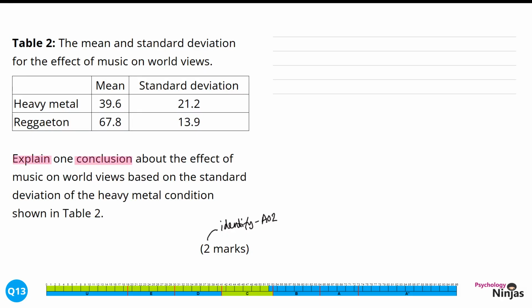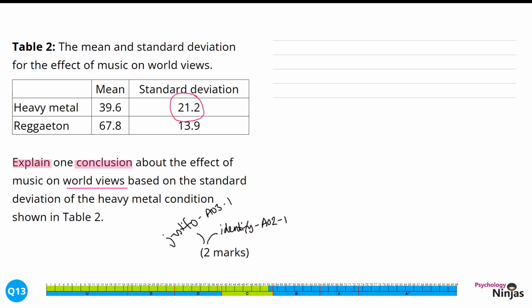Our conclusion needs to link back to the worldview study, and we got some more information in our question. We need to be focusing on the standard deviation of the heavy metal condition. We need to justify the conclusion that we have drawn by using specific data from the table. This gives us our second mark, our justification mark.